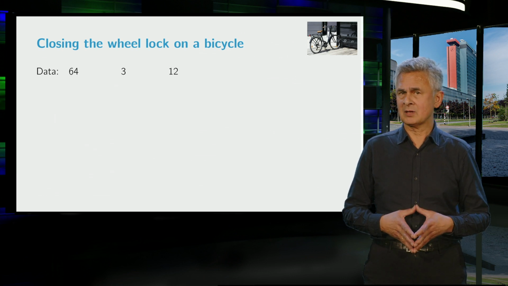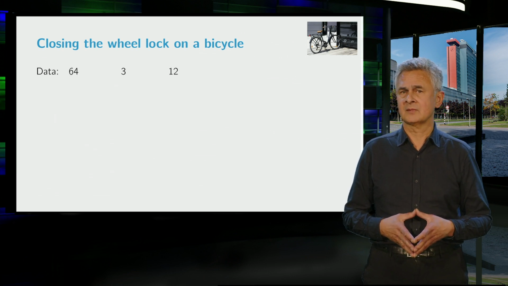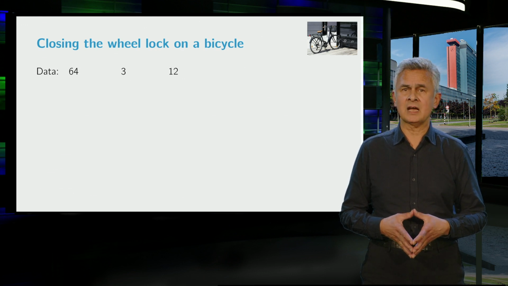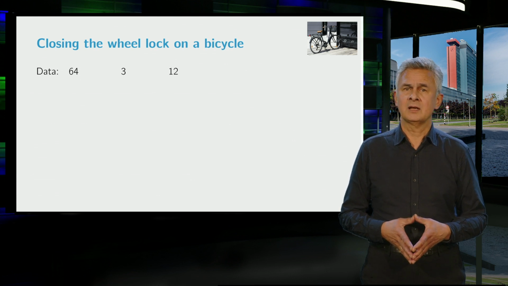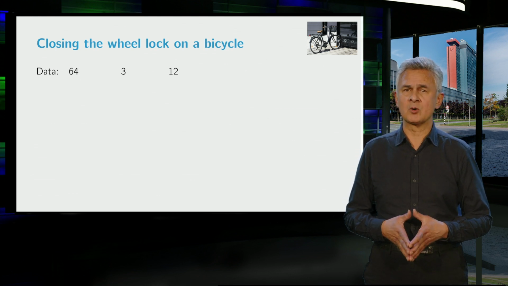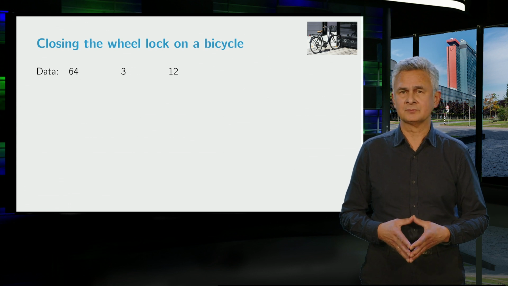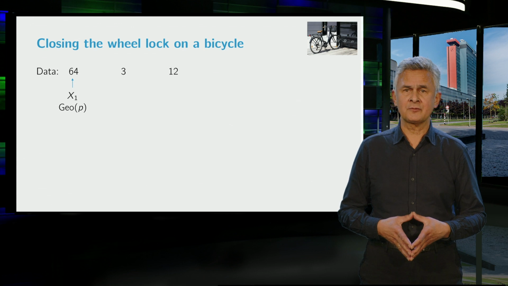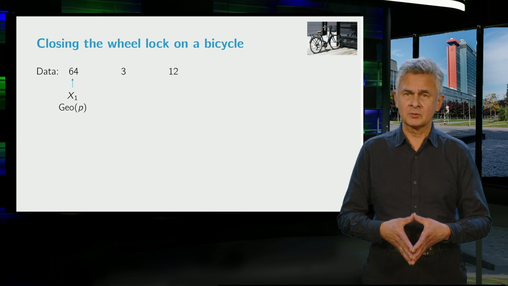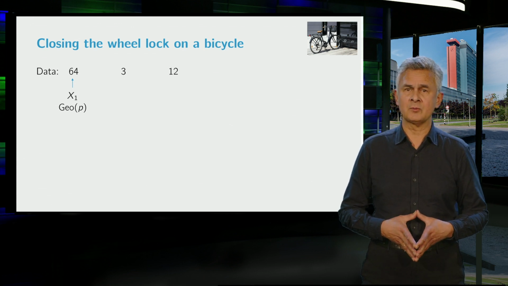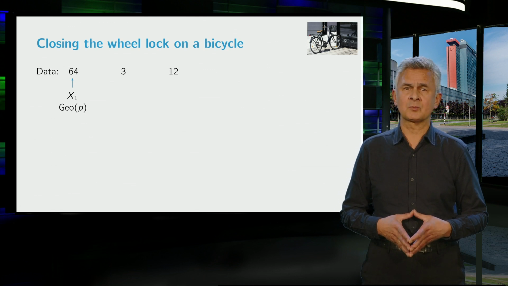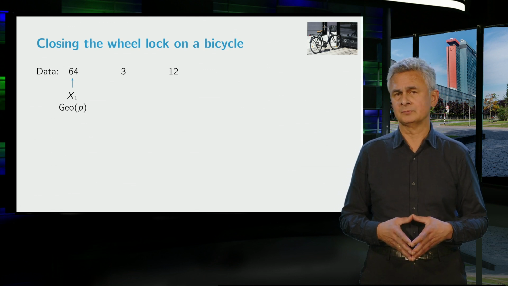Now, how do we model our data set? Well, it seems reasonable to assume that hitting a spoke or not at different occasions is independent of each other, and that the probability of hitting a spoke is the same on every occasion. In this way, observation 64 can be modeled as the realization of a geometric random variable with parameter p, where p represents the probability of hitting a spoke.